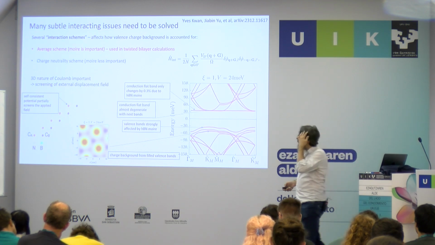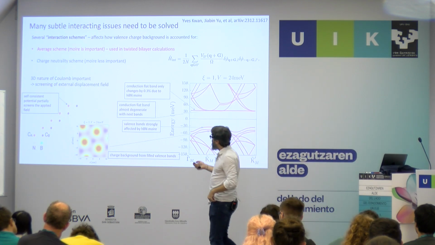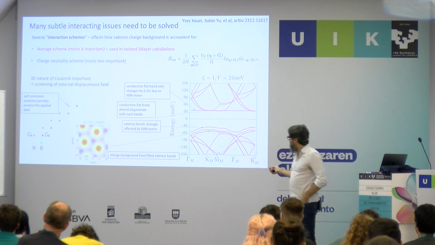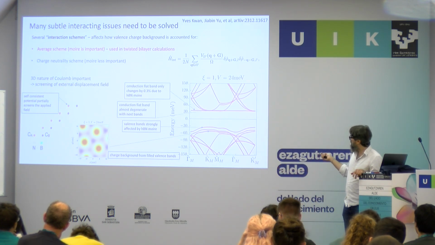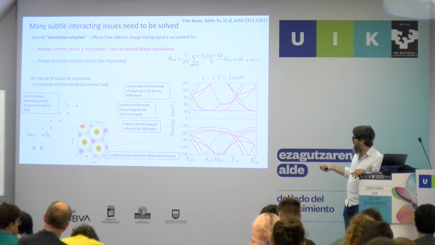The other way of doing the interaction, which we call average scheme, basically takes into account the influence through the density-density term in the interaction of the valence bands on these conduction bands.